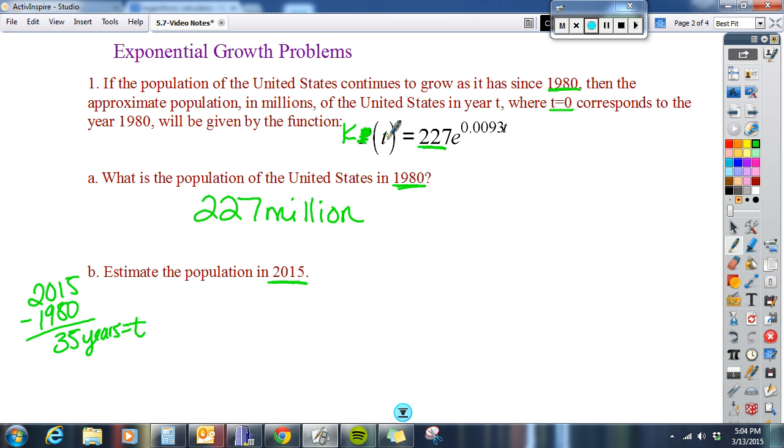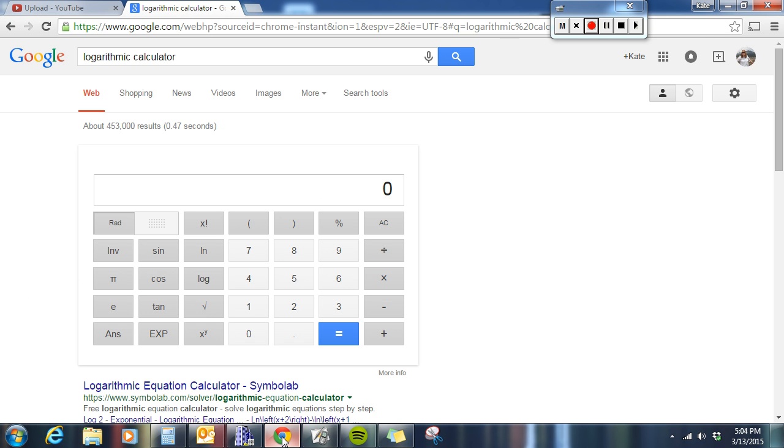So I plug in up here, so I have k of 35 equals 227 times e to the 0.0093 times 35. I need to evaluate that. On my calculator, on this particular one, I have to do the exponent first, so I'm just going to multiply 0.0093 times 35, because I can't figure out the parentheses. So I get 0.3255, and I need to add that in the exponent.